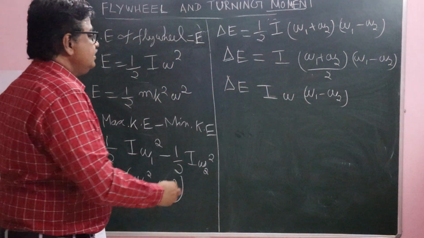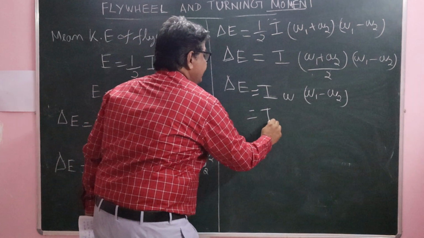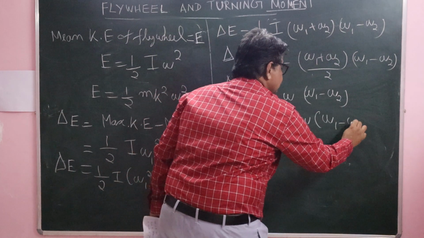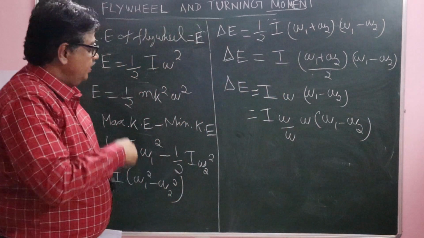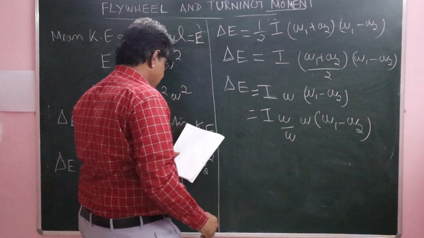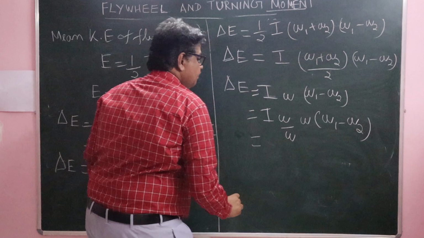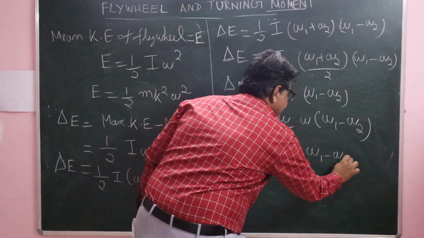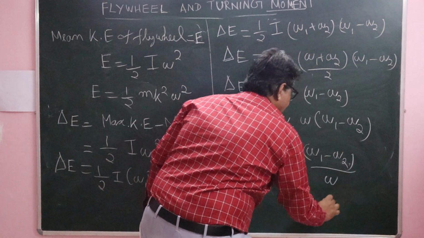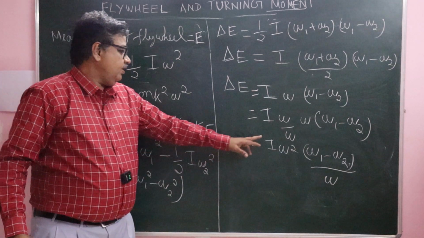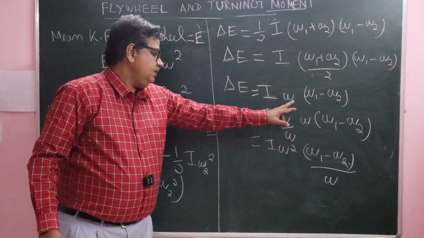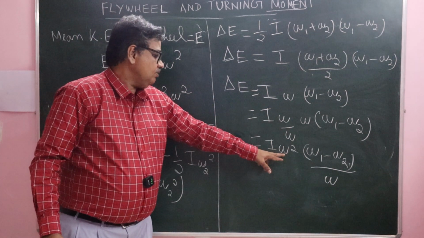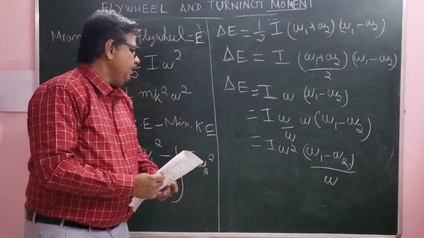Multiply and divide by omega. So it becomes I omega square into omega 1 minus omega 2 divided by omega.